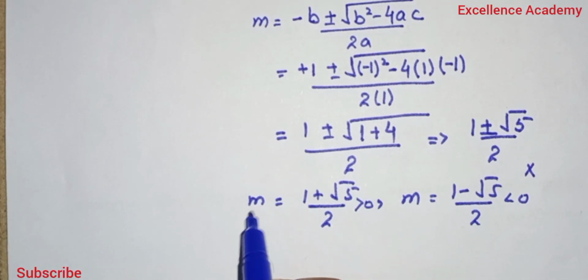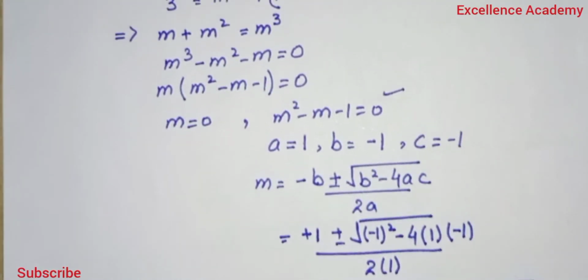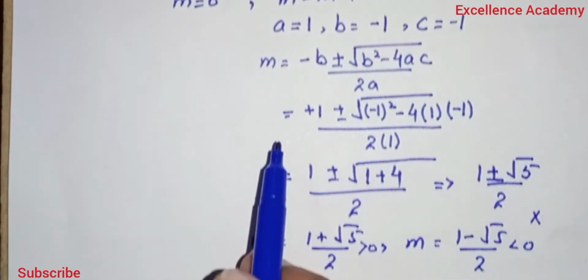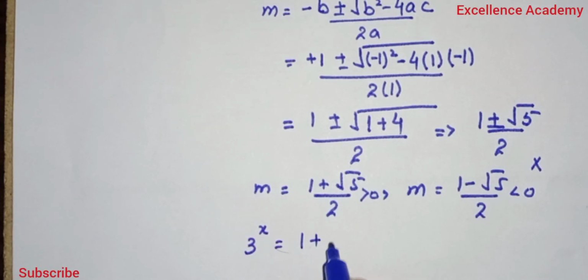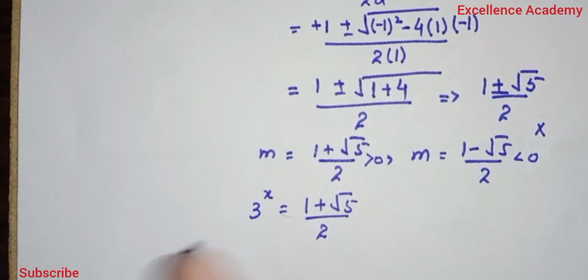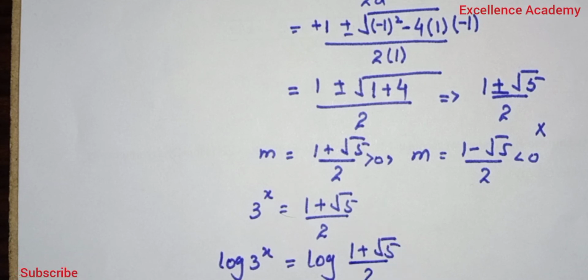Okay, so let's replace the value of m that we supposed in equation 1, where 3^x = m. So this becomes 3^x = (1 + √5) / 2. Take log on both sides, so log of 3^x equals log of (1 + √5) / 2.